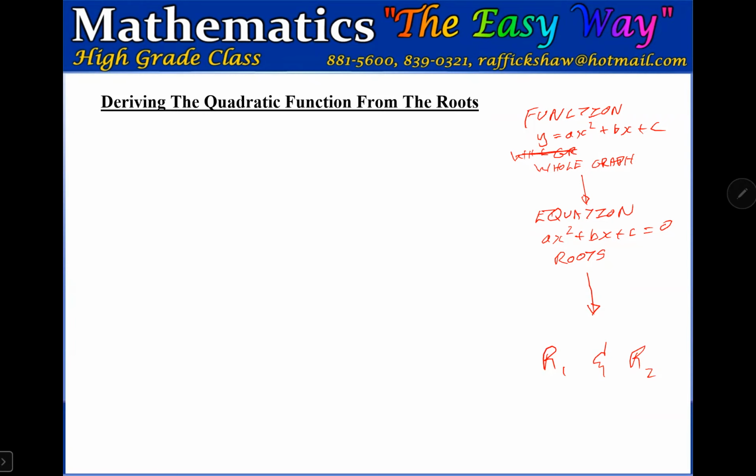What we're looking at today is that we want to go from the roots back up to the function. The reason I set up this diagram is that if we want to go back up to the function, we need to go back up to the equation first, and then from the equation, we jump back up to the function.